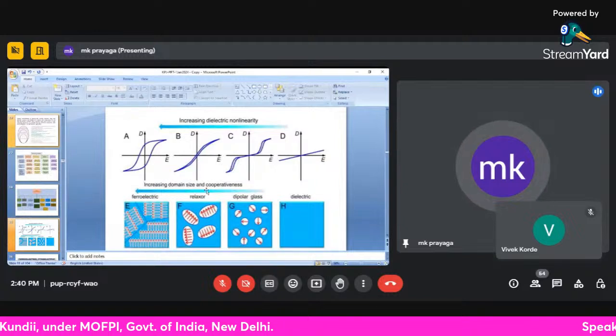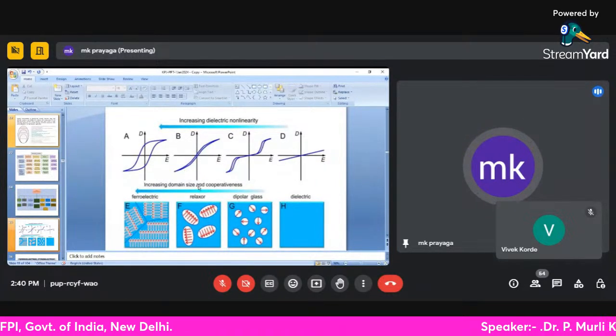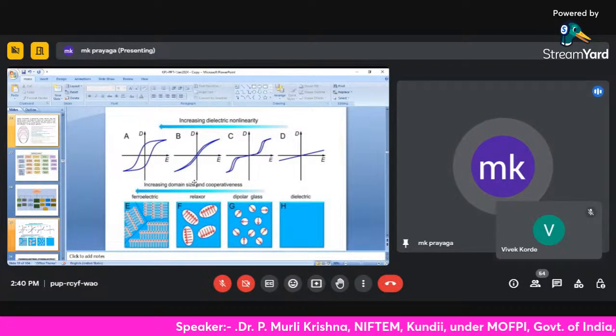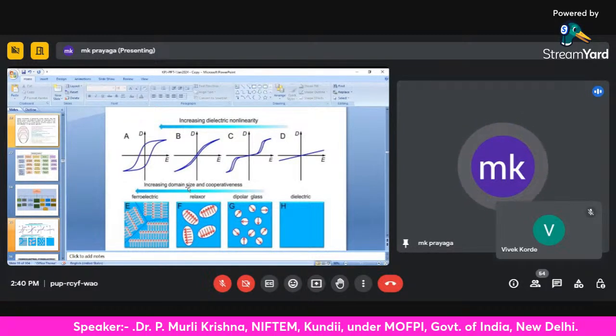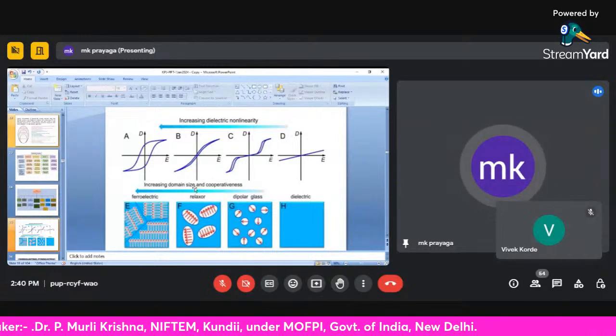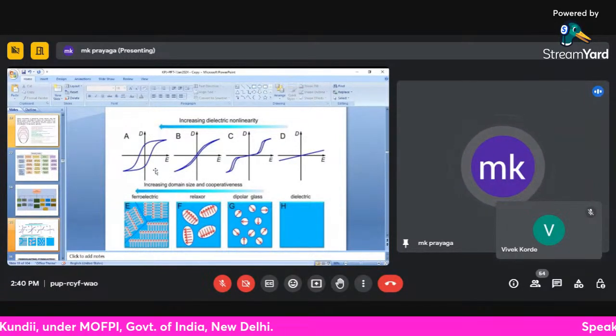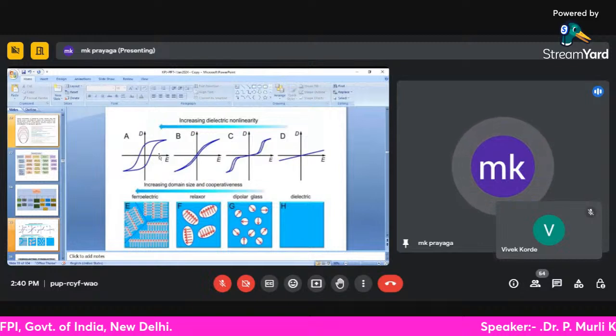Particularly, the hysteresis loop is one of the most characteristic features of a ferroelectric material. Once you design a material in the lab, and you want to confirm whether it is a ferroelectric material or not, you have to do the Sawyer-Tower circuit measurement, which gives you the ferroelectric nature.